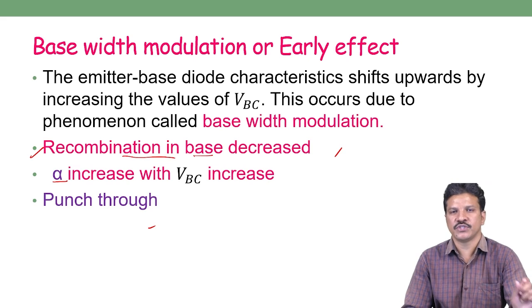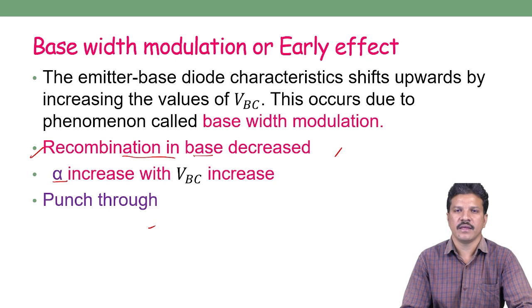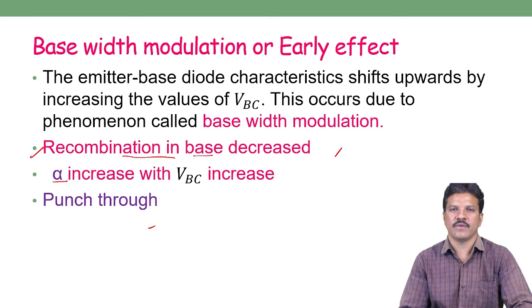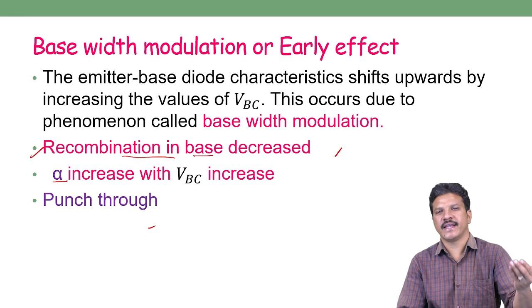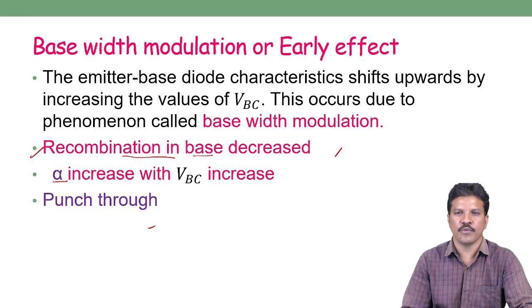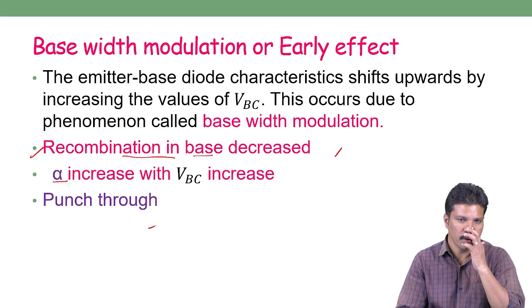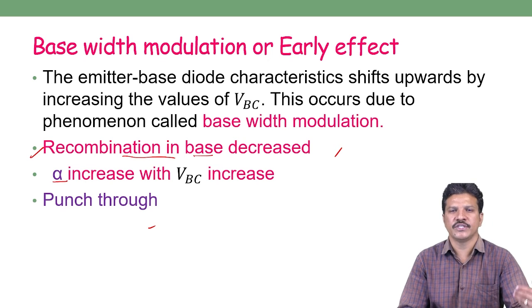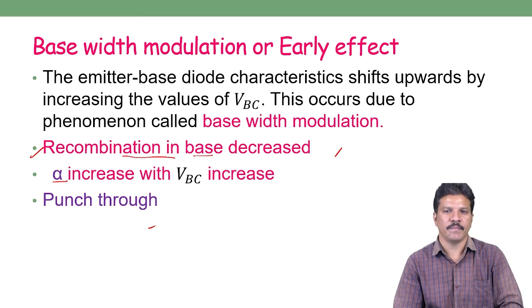The base region disappears. Then there is a direct connection between emitter and collector, just like a contact of two materials. So current flows directly from emitter to collector without amplification or recombination in the base region, which leads to a large current flow between emitter and collector. Then it goes to a breakdown region.